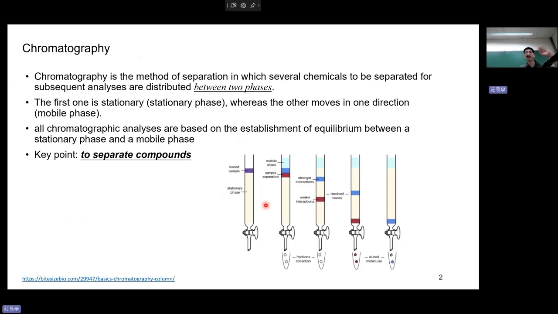For example, if you have 5 different compounds in this mixture, and when this mixture is flowing down, these 5 compounds get separated. Why? All right, so let's take another short break and come back. Hopefully, you guys are able to answer these questions.